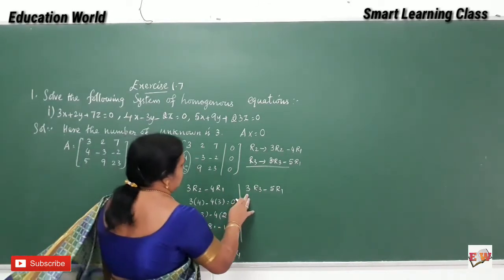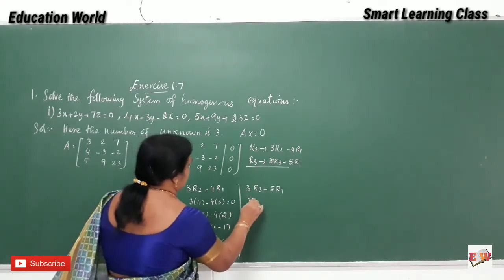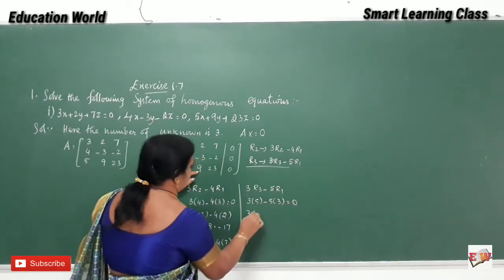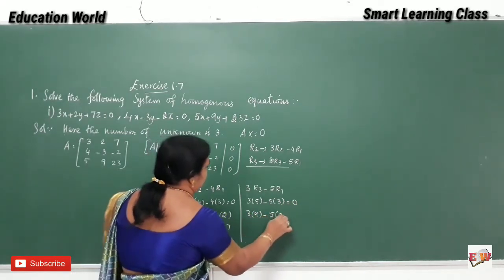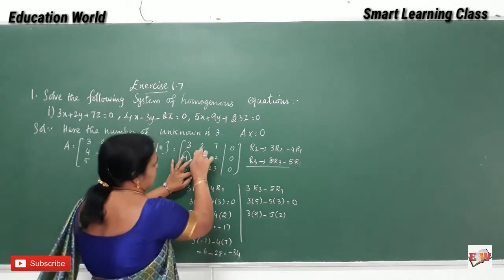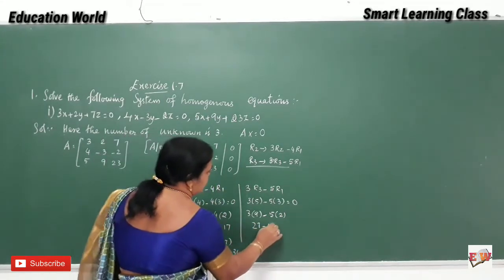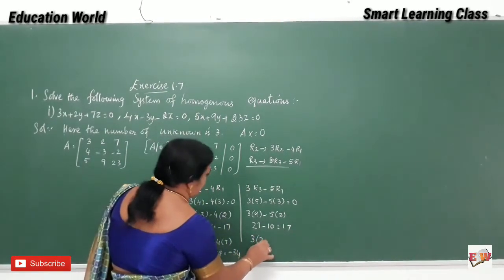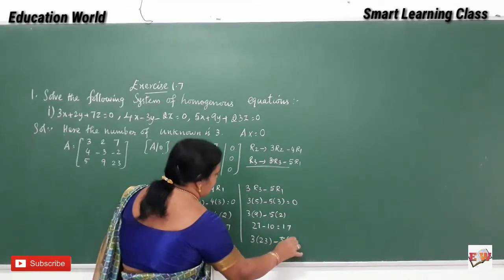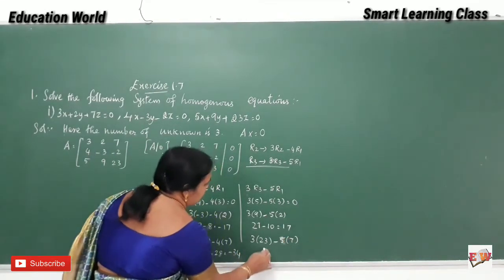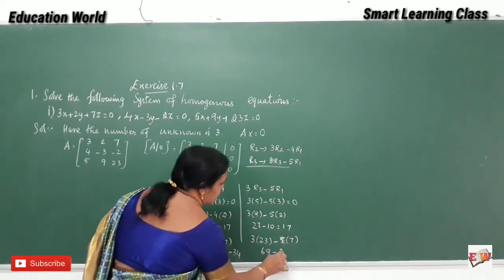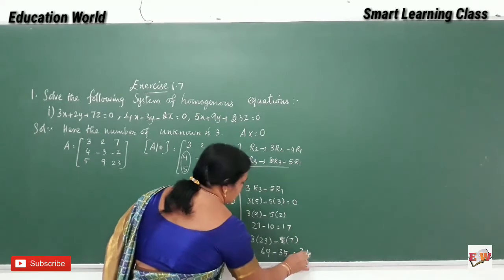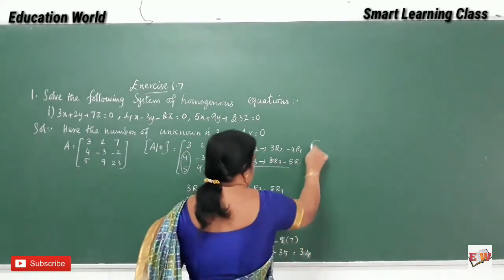Come to 3R3 minus 5R1: 3 into 5 minus 5 into 3 equals 0. 3 into 9 minus 5 into 2 is 27 minus 10, equal to 17. 3 into 23 minus 5 into 7 is 69 minus 35, which is 34.